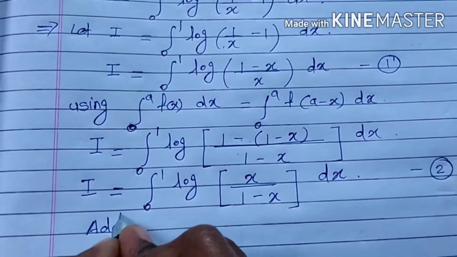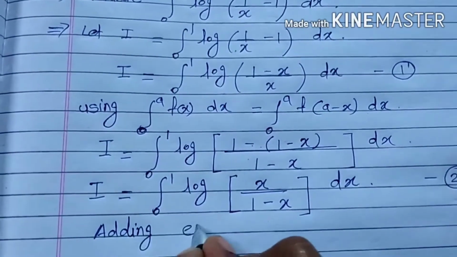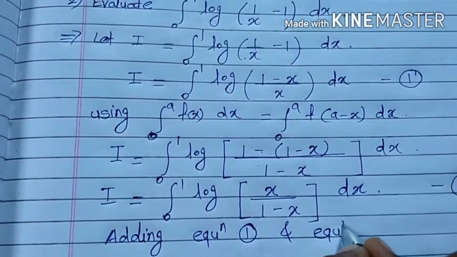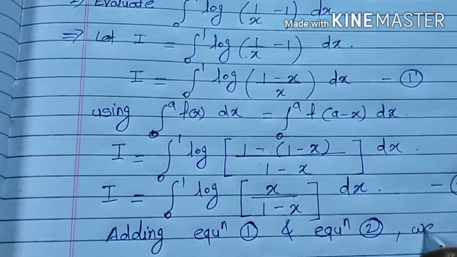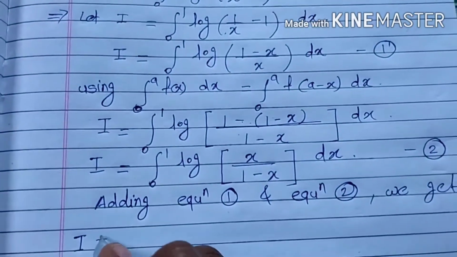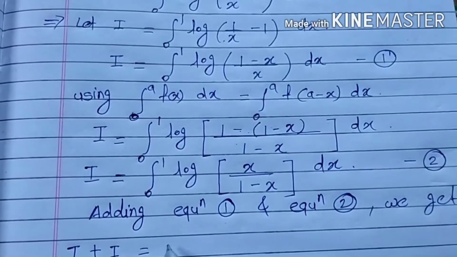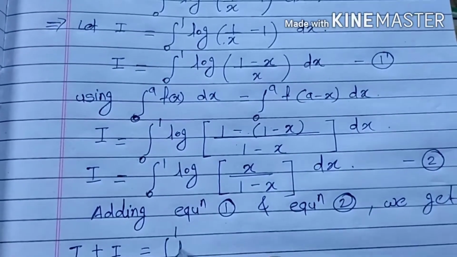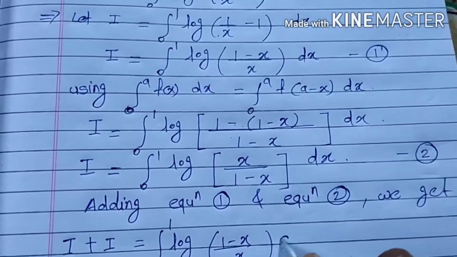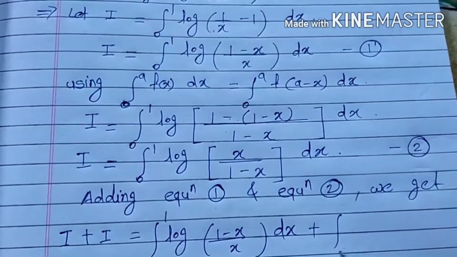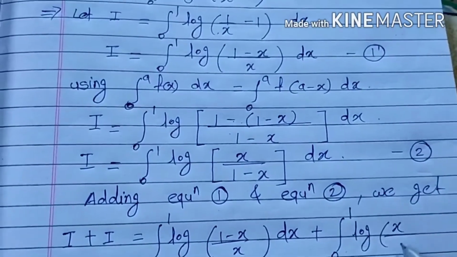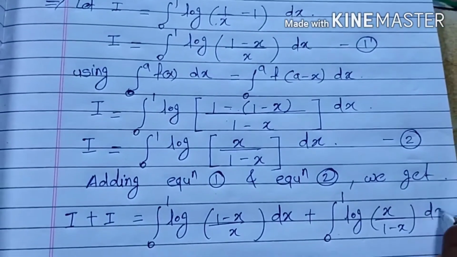So adding equation 1 and equation 2, we get, on the right hand side, I plus I, which is equal to the integral from 0 to 1 of log of (1 minus x) upon x dx plus the integral from 0 to 1 of log of x upon (1 minus x) dx.